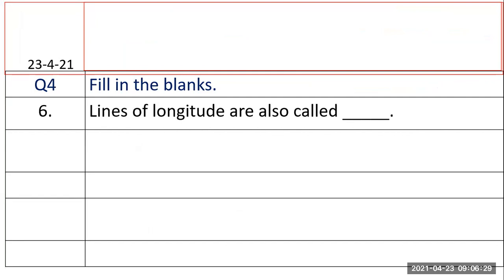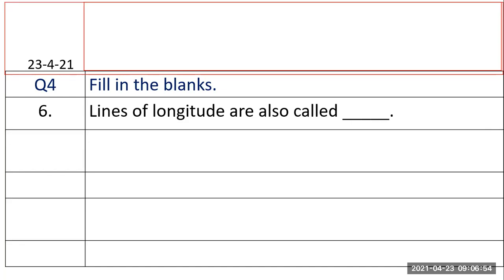In RT1 we were having 10 fill in the blanks, and I guess 3 questions were there. Here we are having 6 fill in the blanks and 3 questions. I have modified question number 3, if you remember.